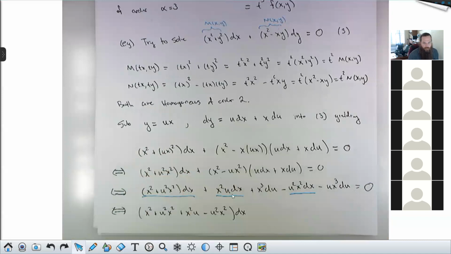And then the du stuff is just x cubed minus ux cubed.